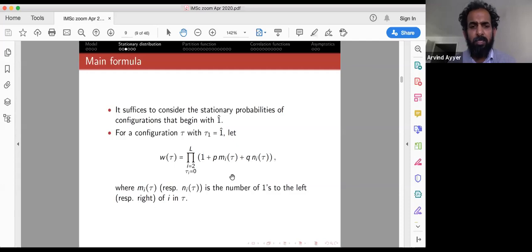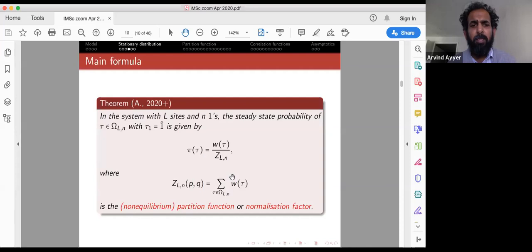I'll give you an example in a second. But the main theorem is that the stationary distribution is proportional to this beautiful product formula. To make this a probability distribution, I have to divide by the sum of the W taus. That's called the partition function, or normalization.